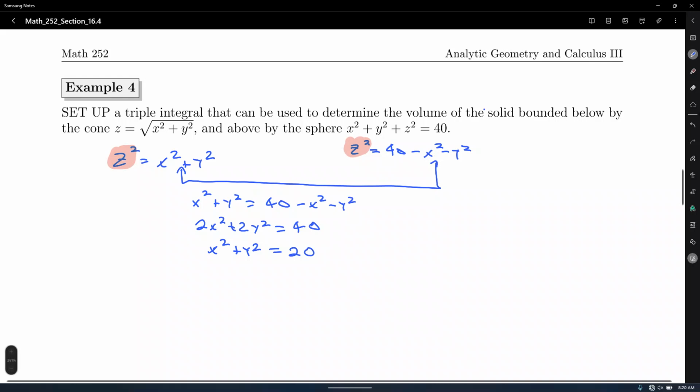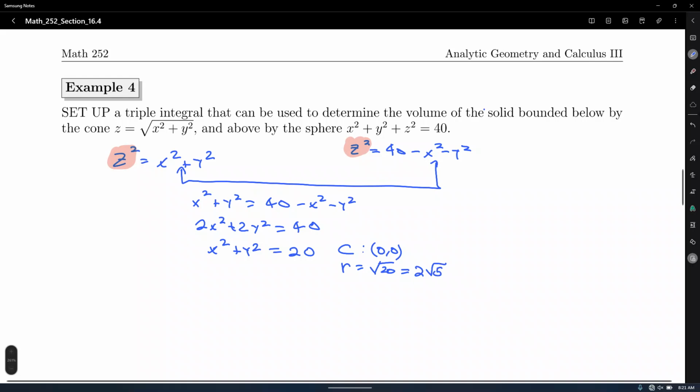So what's the radius of that circle? Well, 20 is not a perfect square. So the center is the origin, and the radius is root of 20. But what is the square root of 20? Is that 4 times 5? Is that 2 root of 5? 2 root of 5. Okay.